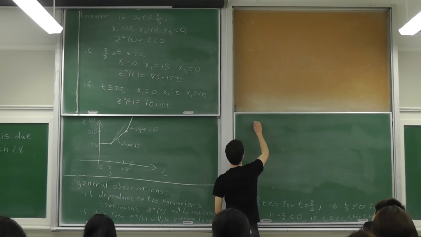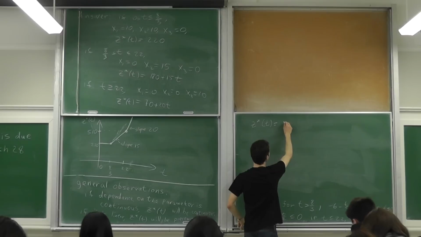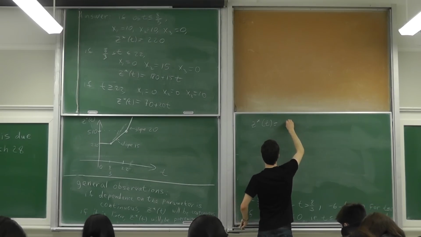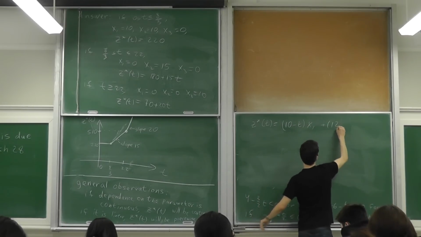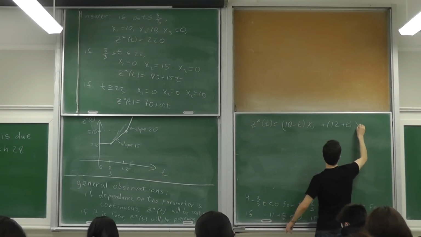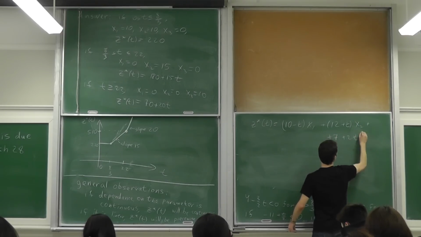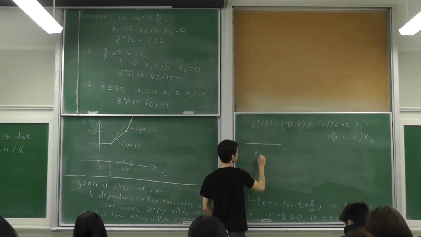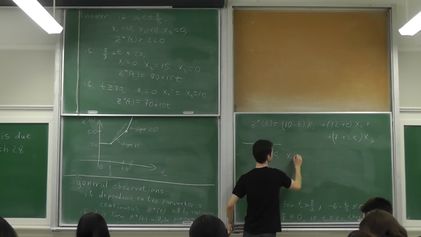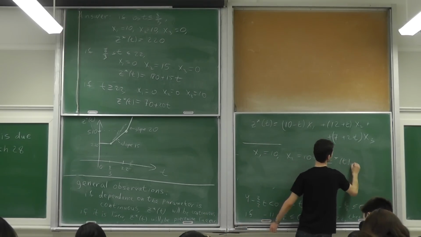So, our objective function as a function of t is, I think it was something like this, 10 minus t x1 plus t x2 plus 7 plus 2t x3. So if x1 is equal to 10, x2 equal to 10, our function is 220.